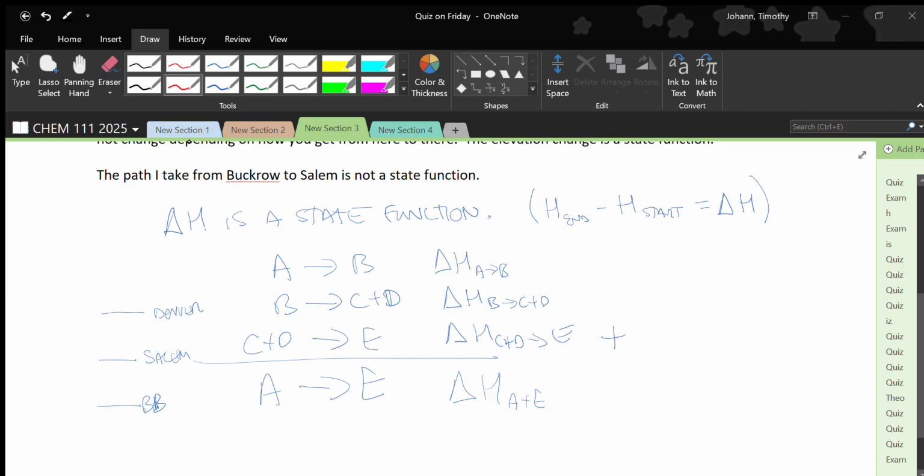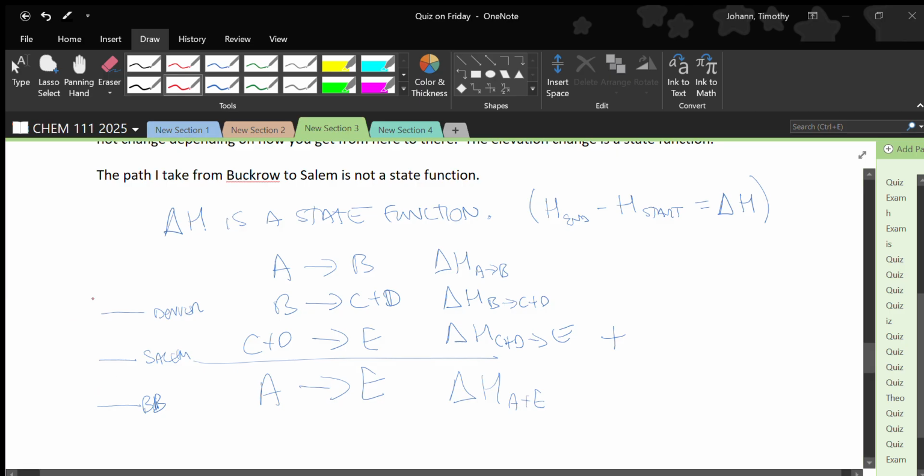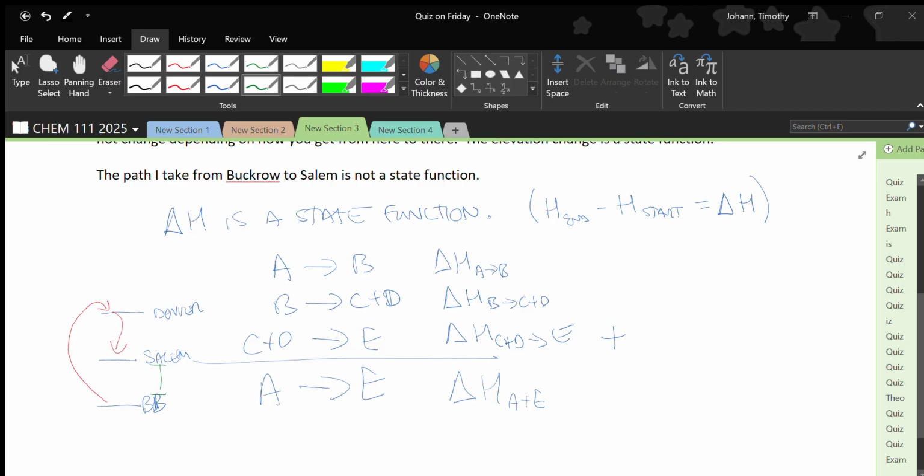Okay, and so just like if I travel from here and then to Salem, it's still the same distance, right? So if I wanted to figure out the elevation change to get to Salem, I could measure this elevation change and then this elevation change and add them together, and I would get that. That makes sense? I can add them all together.